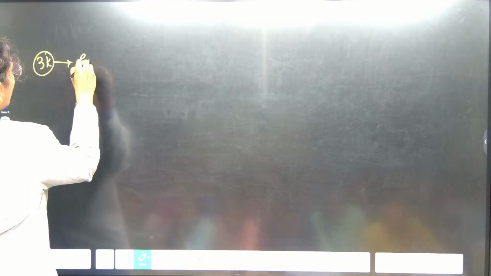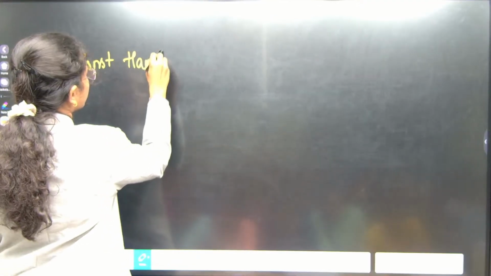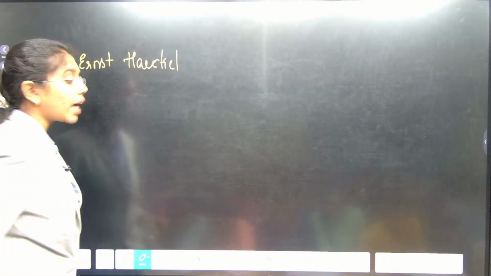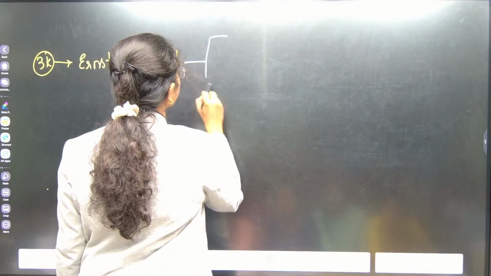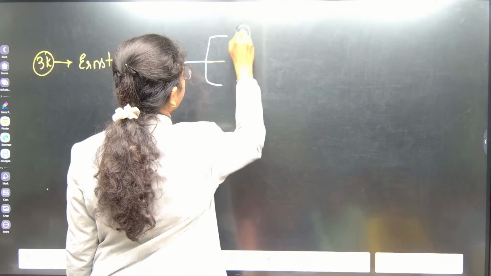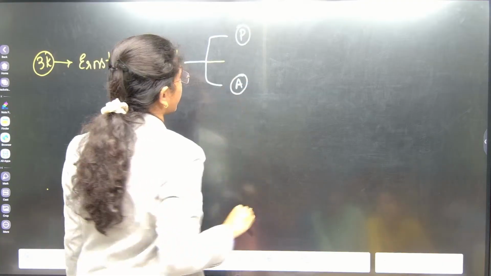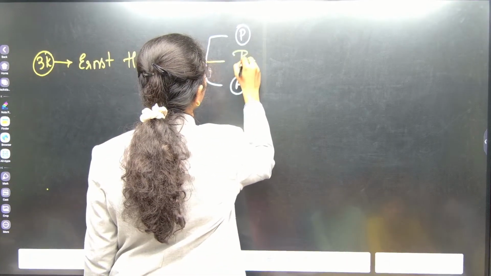Next, the three kingdom system of classification is given by Ernst Haeckel. What is the new kingdom that he has introduced? Plantae and Animalia are already there. Protista is the new kingdom he has introduced.